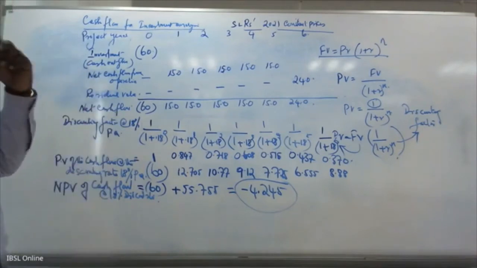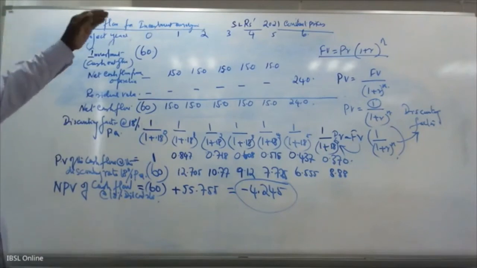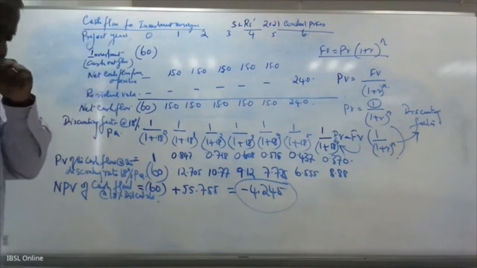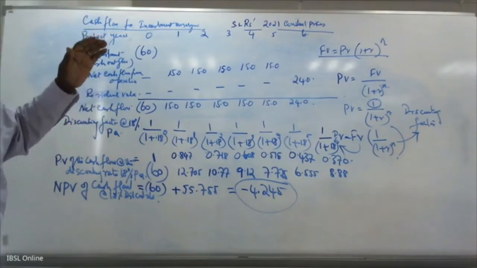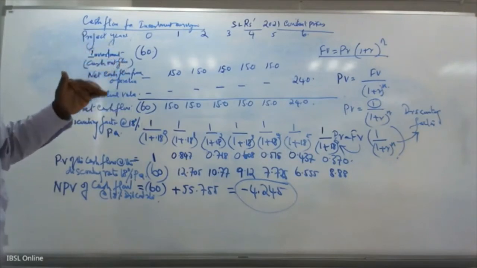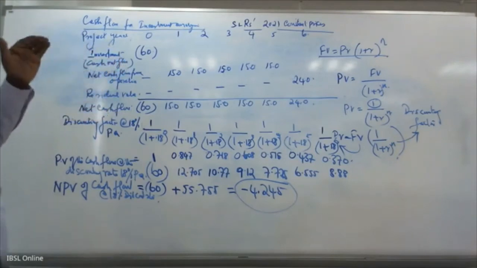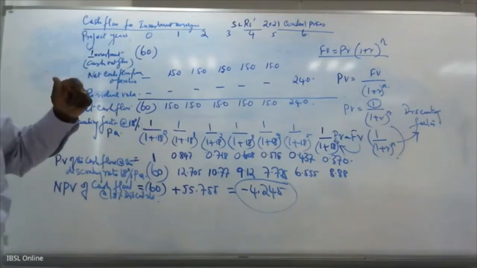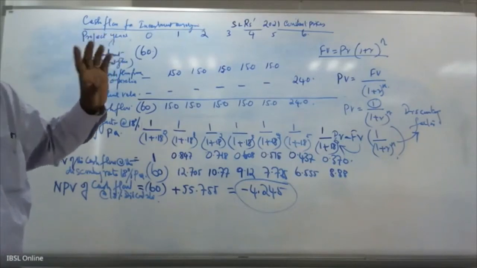If you want to make it worthy, what do you have to do? The borrowing interest rate should be reduced from 18%. If it is reduced, then we can see whether it becomes worthy.